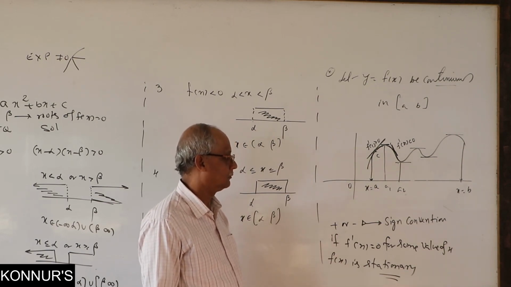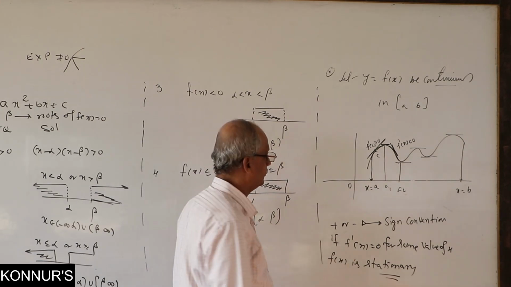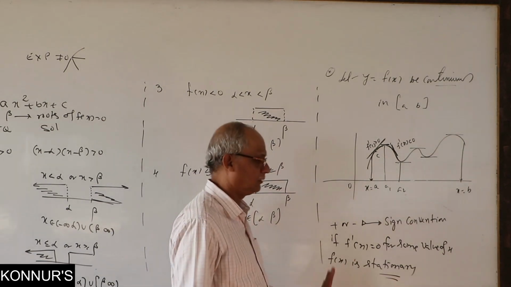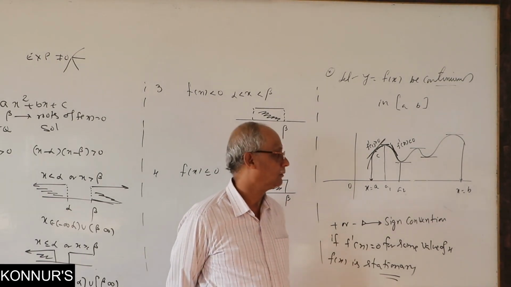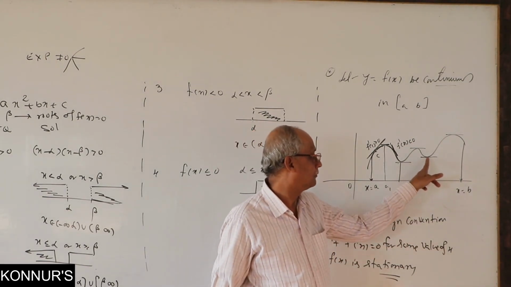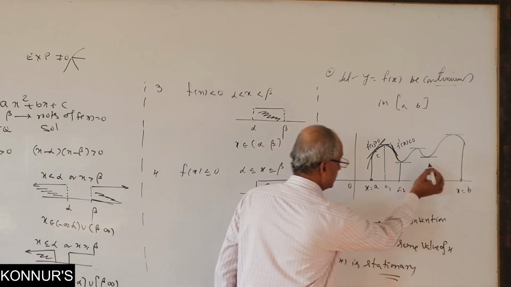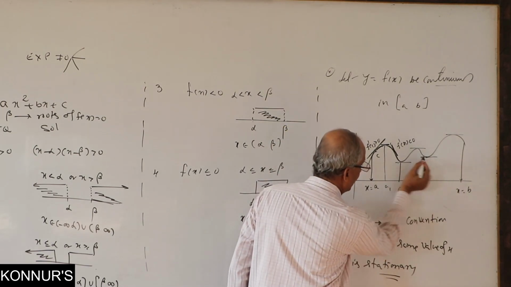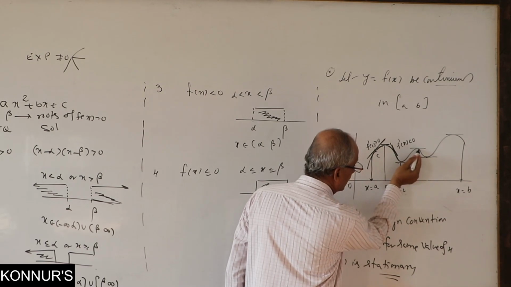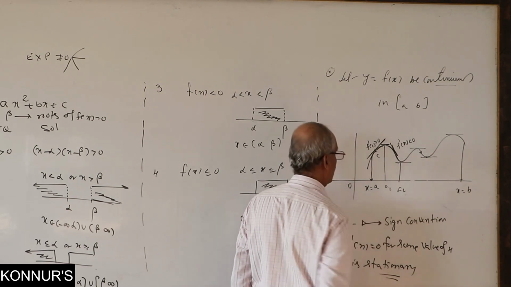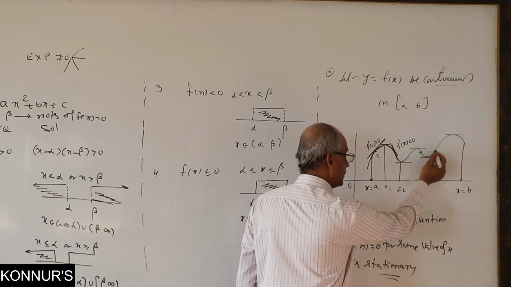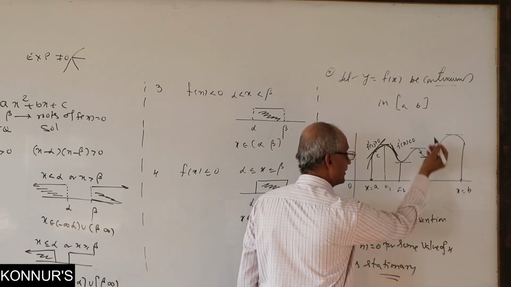In this case, you select any stationary point at random, for example this one. Before this stationary point, what is happening? The curve is coming down, decreasing. After the stationary point, increasing. Compulsory.